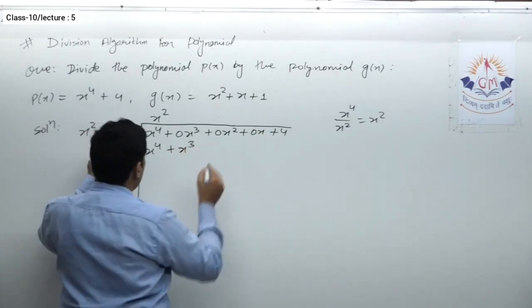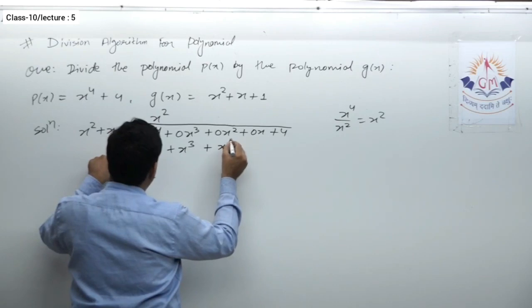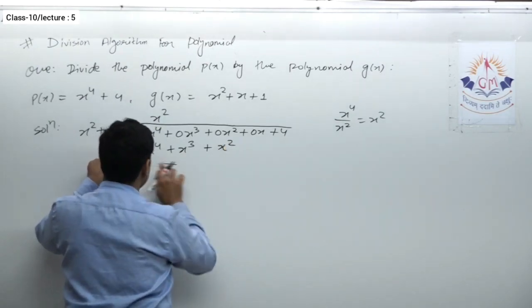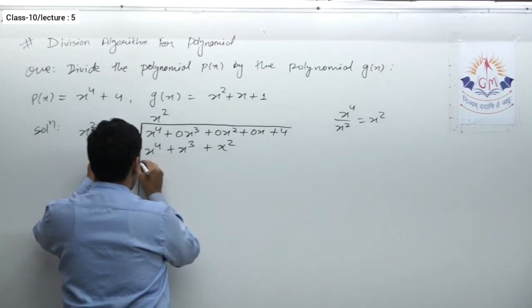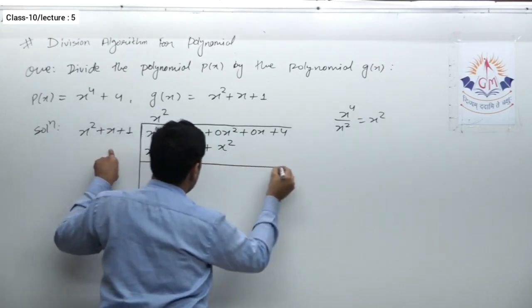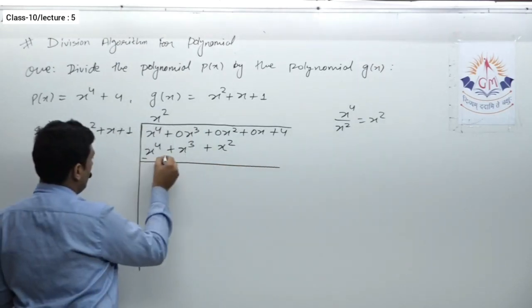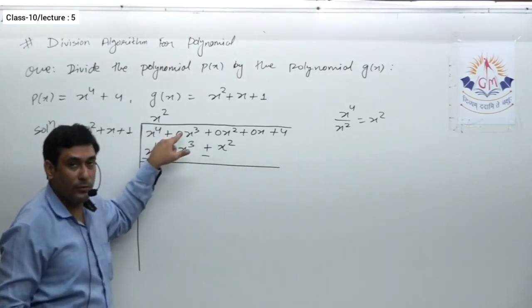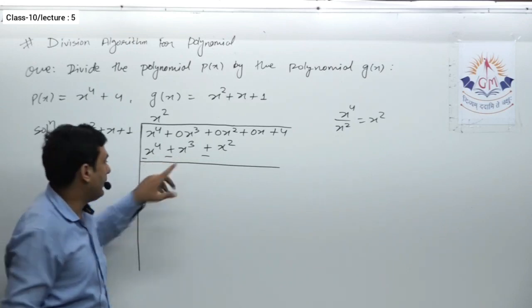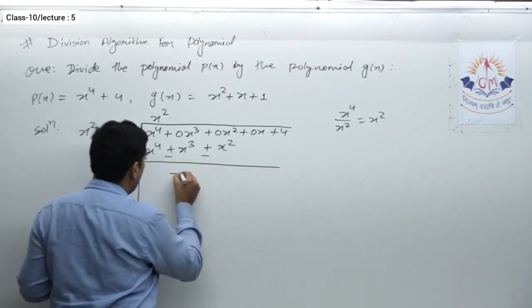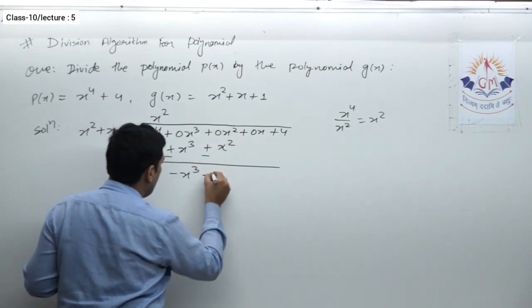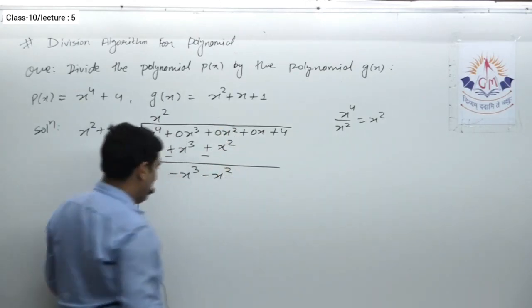Then x square multiplied by 1 gives you x square. Now I'll subtract these. So here I write minus, minus and minus. So this will cancel out. Now 0x cube minus x cube gives you minus x cube. Similarly 0x square minus x square gives you minus x square.